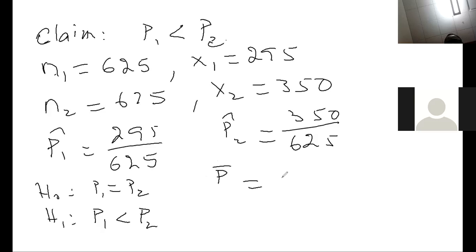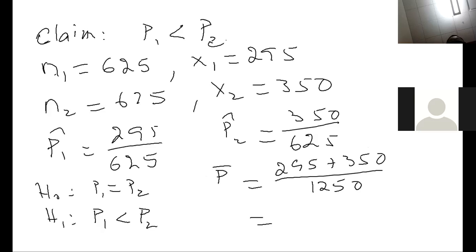P bar, the pooled proportion, is 295 plus 350 over 1250, which is 0.516. And Q bar is 0.484.